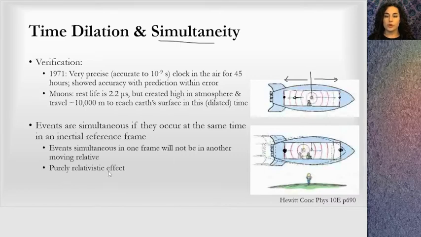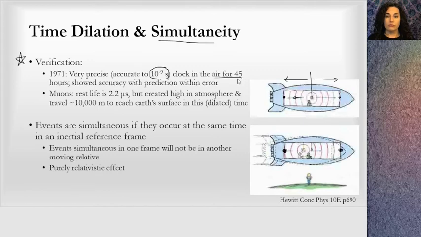And this is a purely relativistic effect. It seems too creepy to be true, but it has been verified. I put this verification up here. In 1971, it was predicted way before this, but the actual experiment was very precise. We have 10 to the negative 9th seconds, a billionth of a second, right?